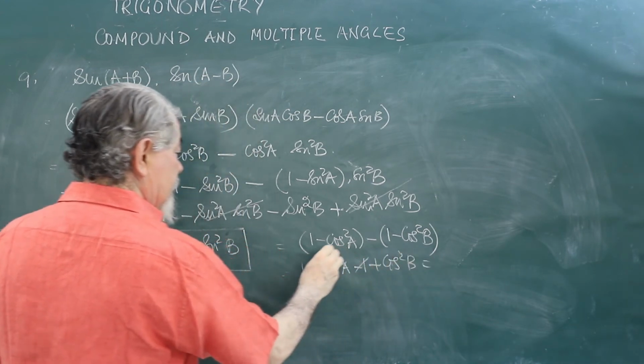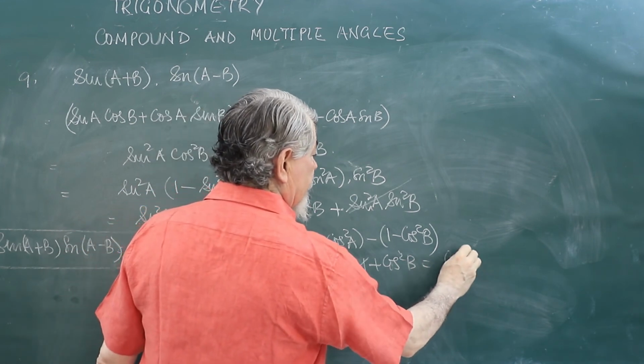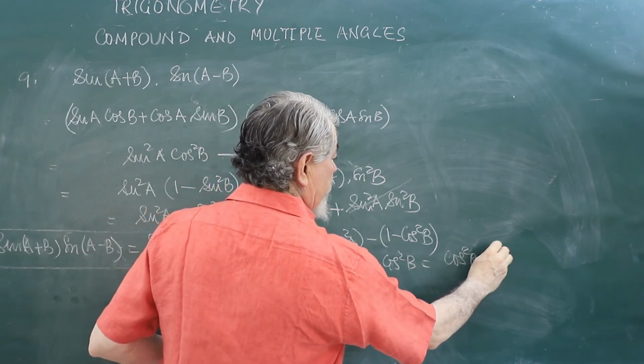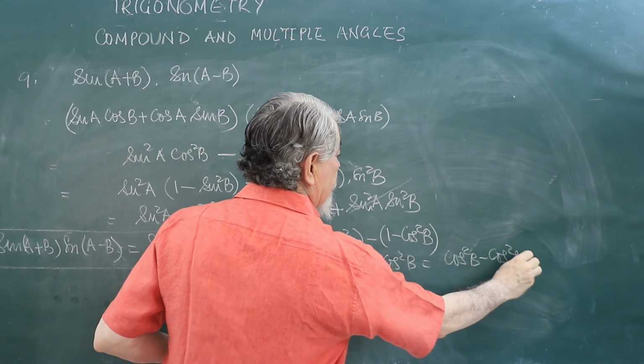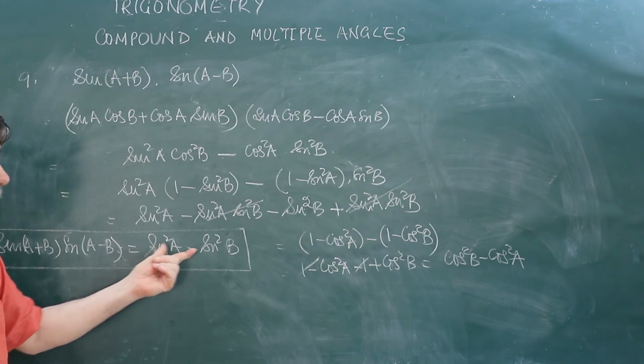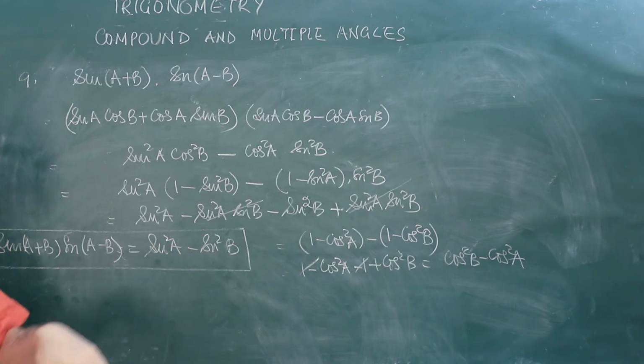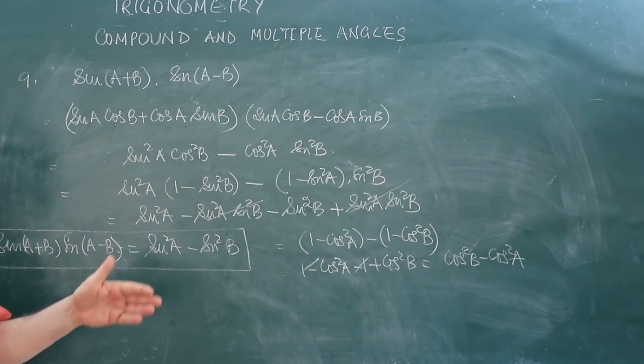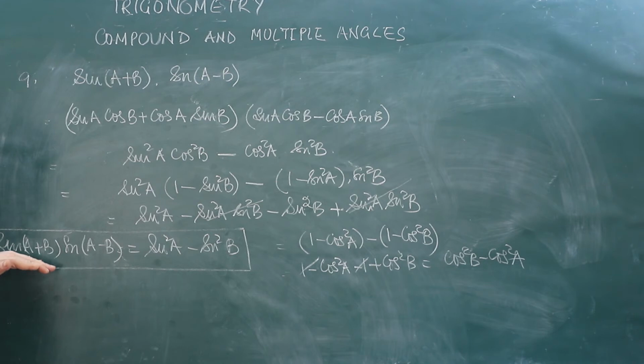This will cancel. It can also be written as cos square b minus cos square a. So sin(a plus b) into sin(a minus b) can be written as sin square a minus sin square b, or also as cos square b minus cos square a. There are two ways of writing this, and it is also very important.